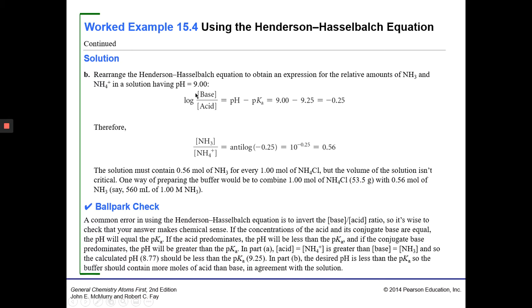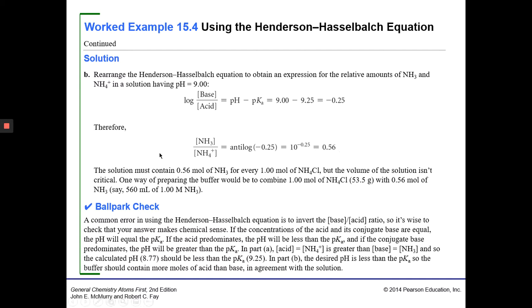And the log of this ratio then comes out to negative 0.25. To solve for this ratio, we would take 10 to the negative 0.25 power, so that would be 0.56.